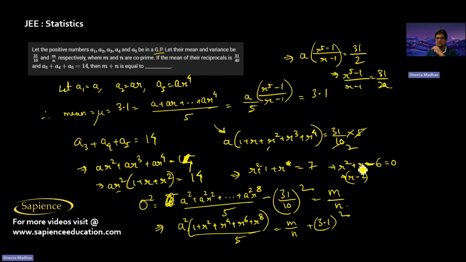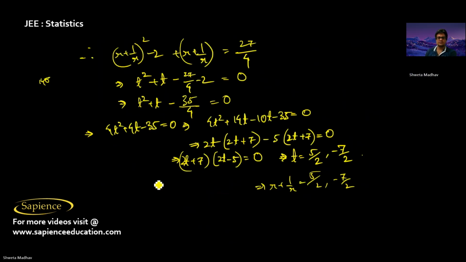So this is plus 3 and minus 2. r plus 3 into r minus 2, that is equal to 0. So r can be equal to minus 3 or 2. But r can't be negative. So r should be 2. Therefore, r is equal to 2.